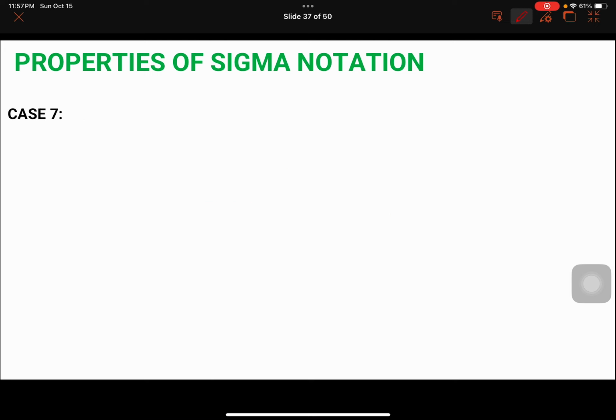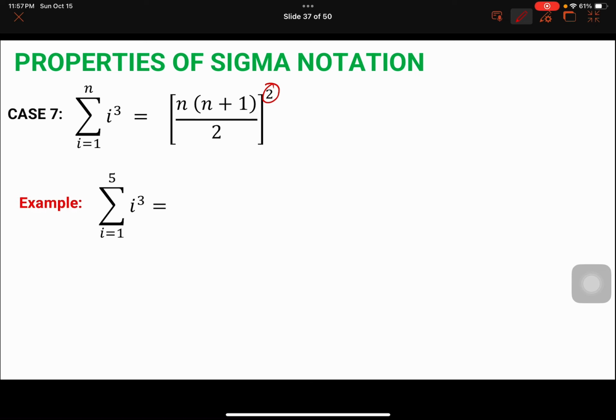And for our last case, we will have the i cube. So, pag i cube naman, same lang siya before nung case 5 na n times quantity of n plus 1 over 2, but naka-squared pa siya. Okay? For example, let's have i cube, which is i is equal to 1 up to 5. So, substitute lang natin yung n, which is equal to 5.